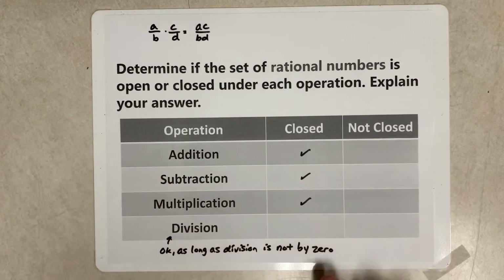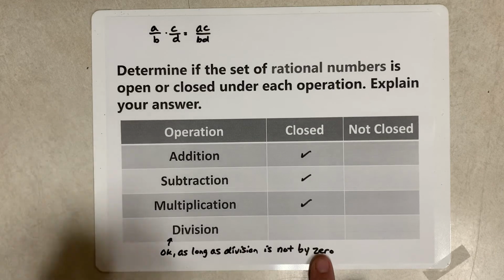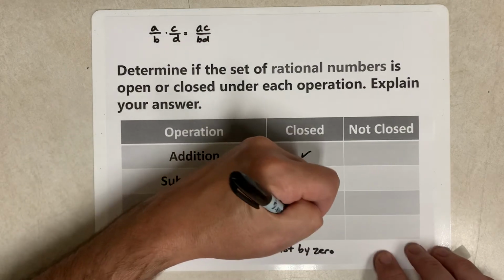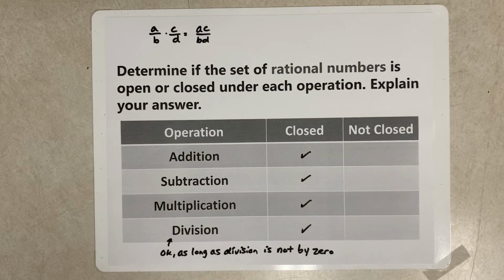So if you exclude that possibility, which nobody's going to divide by 0 anyway because you're not supposed to, it's garbage, you don't get anything, it is closed under division. So that's a very interesting set right there because you get closure for all 4 of them and the other ones you didn't. So that's very good.